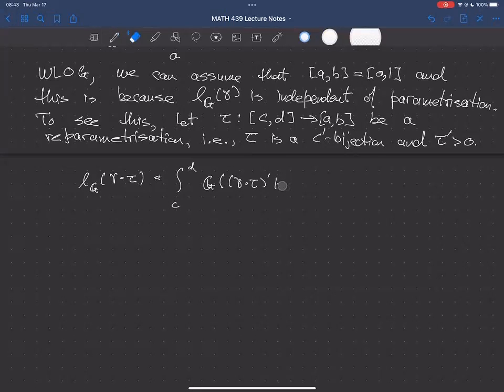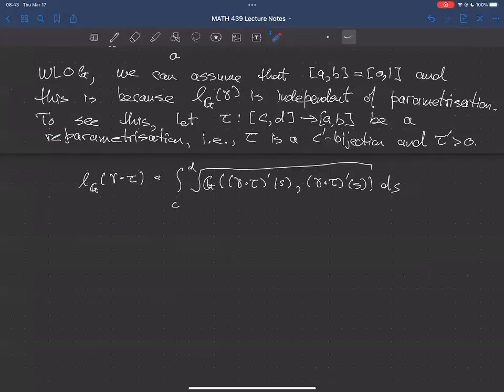So let me call the parameter here S because I'll change it in a second. All right, so now what we're going to do, of course, is take the derivatives here with respect to S of the velocity, and we're going to use the chain rule on those, gamma composed with tau.